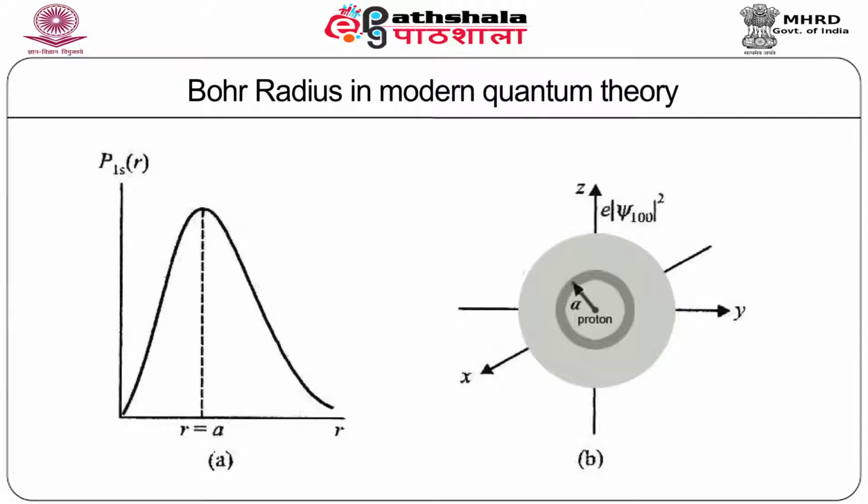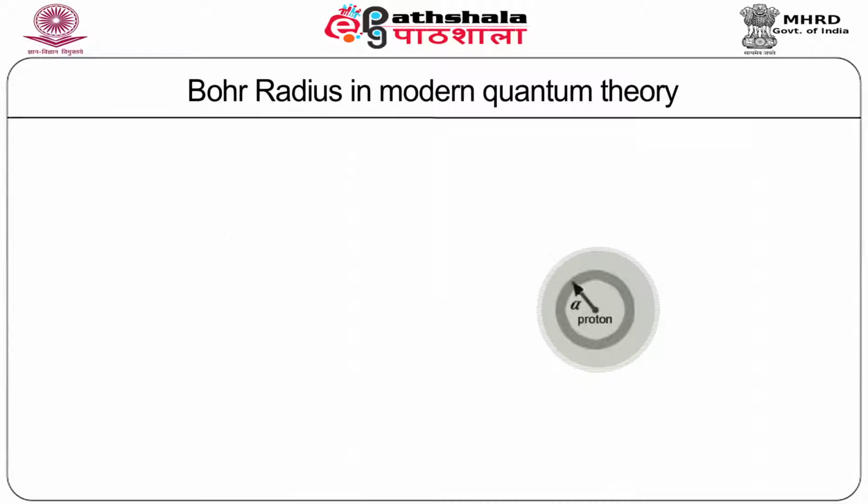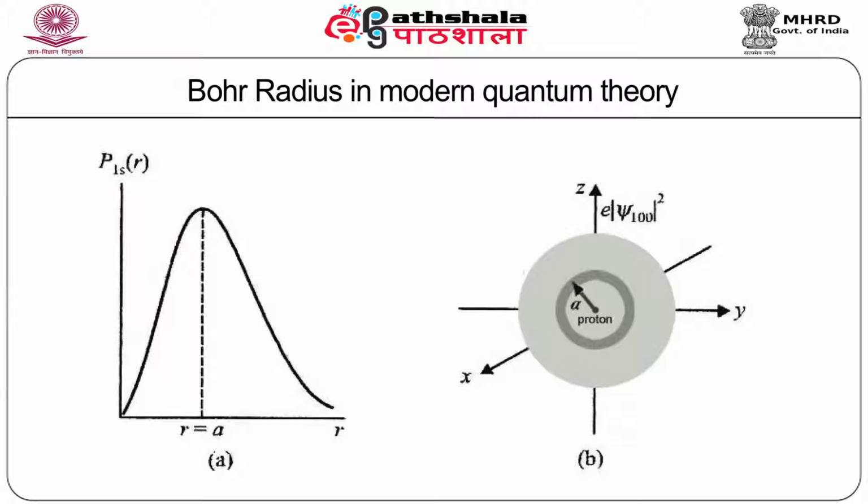And if you want to show this as a three-dimensional spherical distribution of electron cloud, then e psi 100 square, well, if you multiply the probability function by the charge, you get the charge density, or the density of the smeared out electron charge in quantum mechanics. So that's what you can see on the right side of the figure.